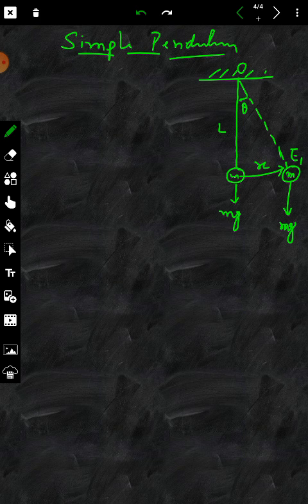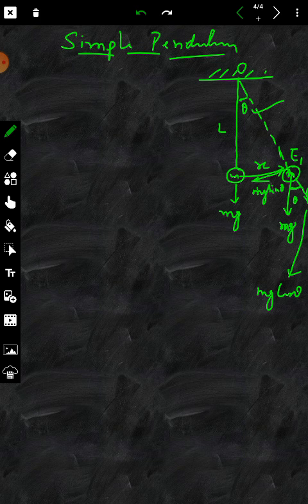Now this weight can be resolved into two components, one along the length and the other perpendicular to it. If this angle is theta, then this angle will also be theta. Therefore this component will be mg cos theta, and this component will be mg sin theta.